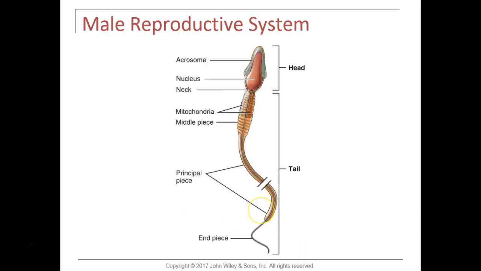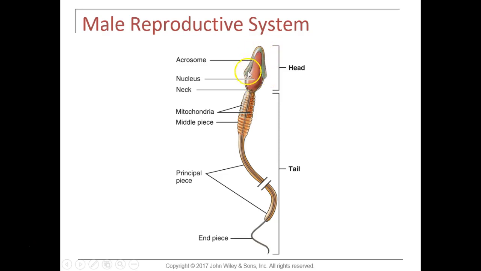So here's a picture of the sperm. You're not going to have to identify the structures on the lecture test, but nonetheless I wanted to show you. The head of the sperm contains the nucleus where the 23 chromosomes are located, but there's also something called the acrosome.